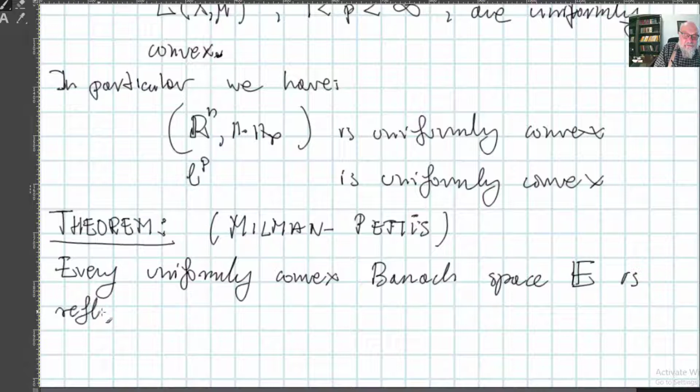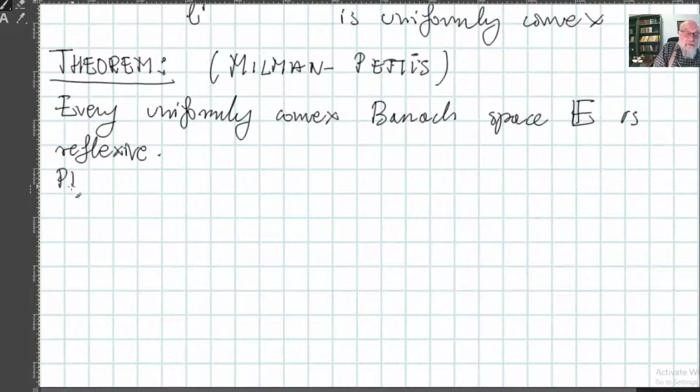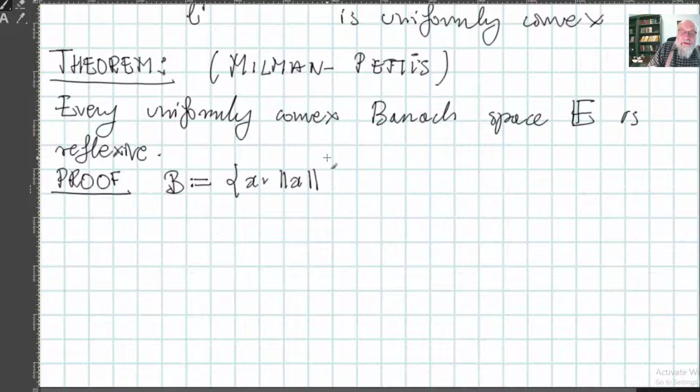Let's start the proof. Just remember we are using this notation: we denote by B the closed unit ball in E, that is, the set of x with norm smaller than or equal to 1.